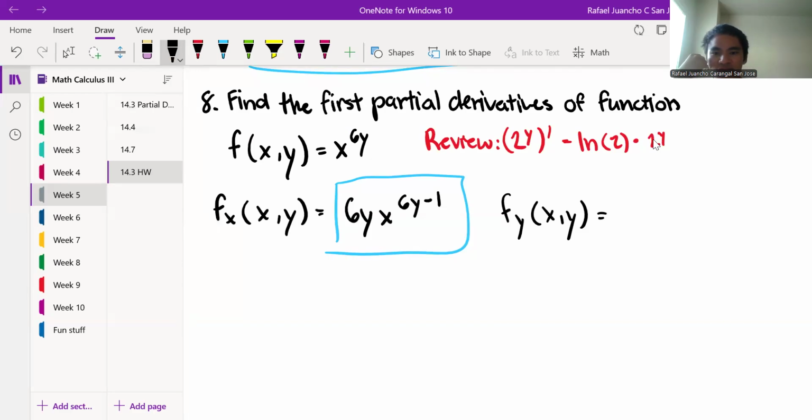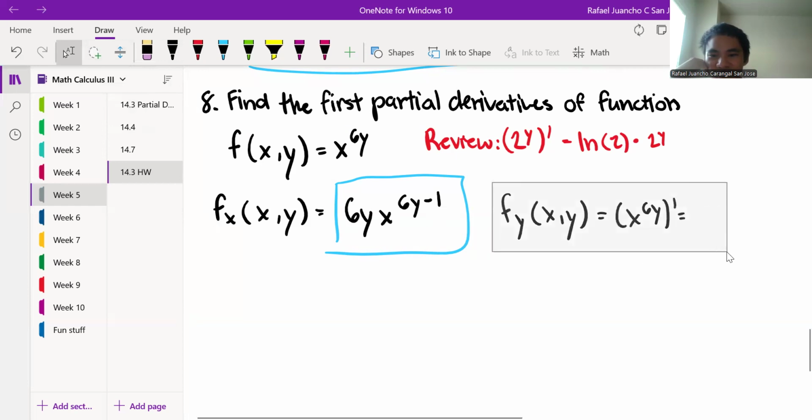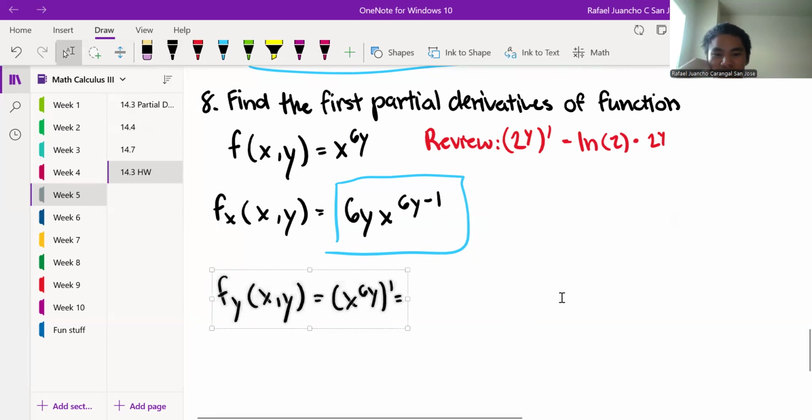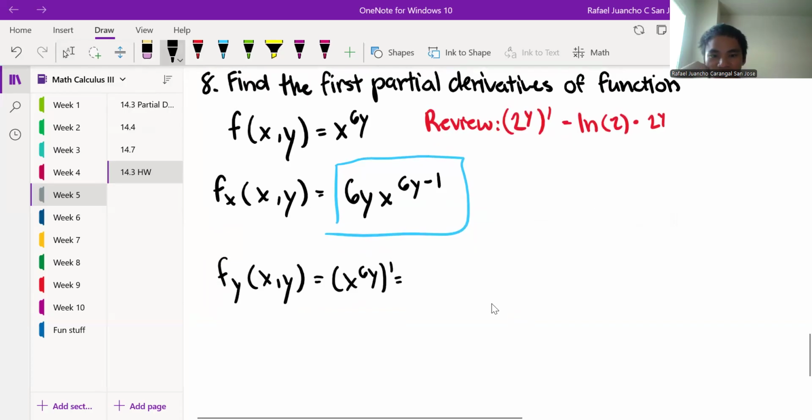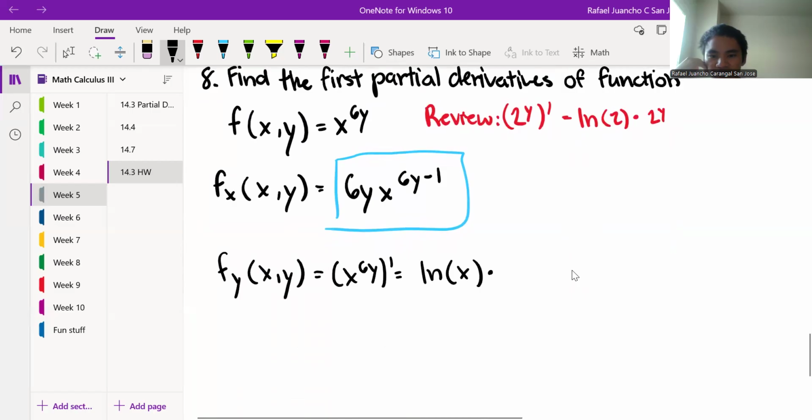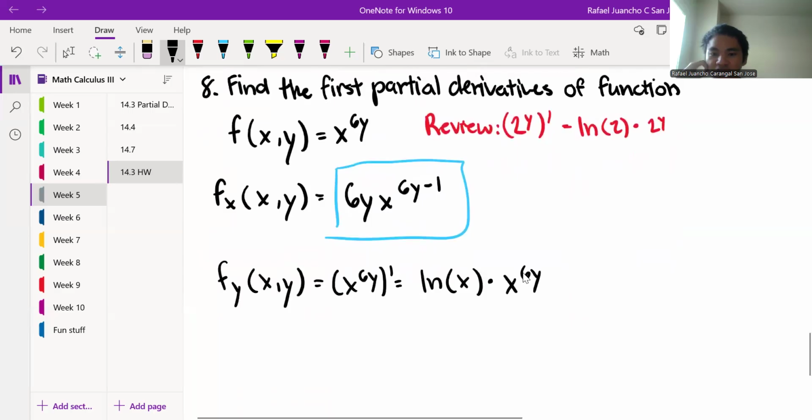And so here in this case, if we have x to the 6y, well, I should have done it on the next page. If we have x to the 6y, I would get ln of x, to signify that x is a number, and then x to the 6y. And then I would take the chain rule of my 6y.